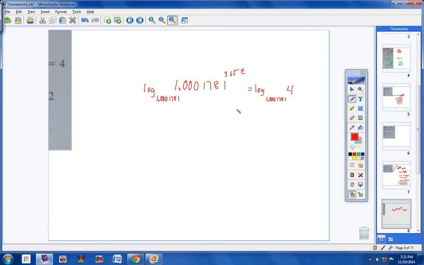Okay, so here we go. Now when a base matches a base, the answer is this.